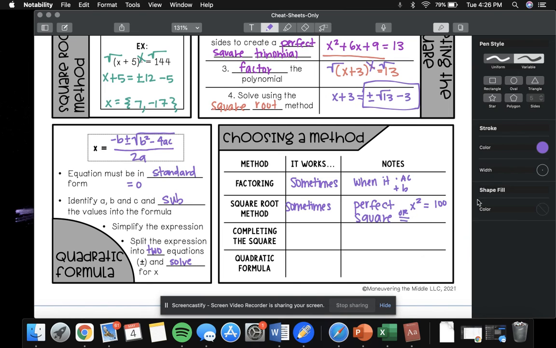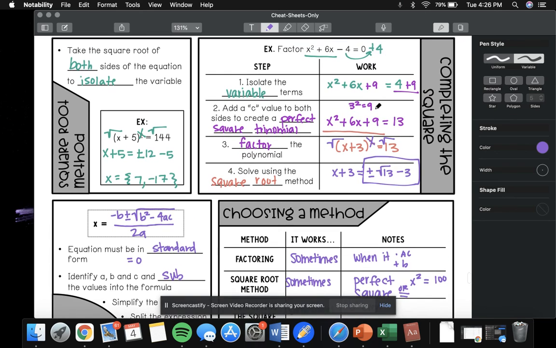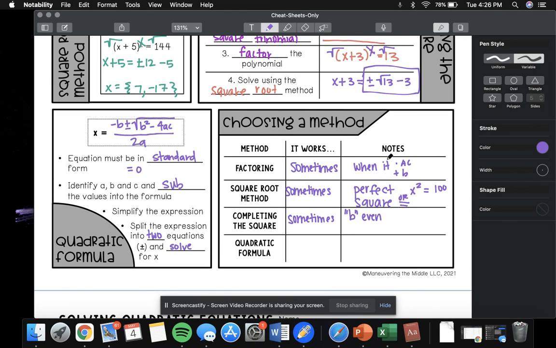Completing the square works a lot of the time, but not always. We saw that when the B number is even, it's very easy to figure out what the number is, but if the B value is odd, it's very hard. Or if we have an A value bigger than 1, we don't complete the square until you get older.